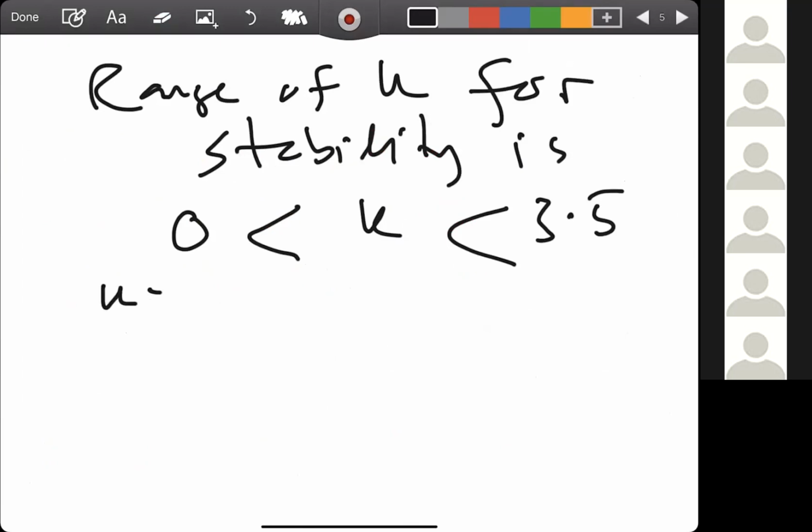So if K is equal to 1, Chung Hoi Ki, stable, not stable, marginal? Stable. K equal to 5, Chung Hoi Ki, again? Not stable.